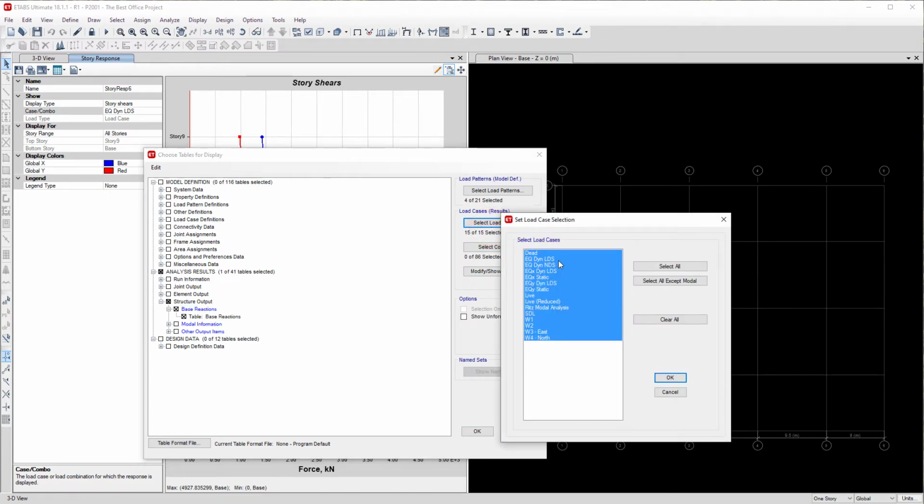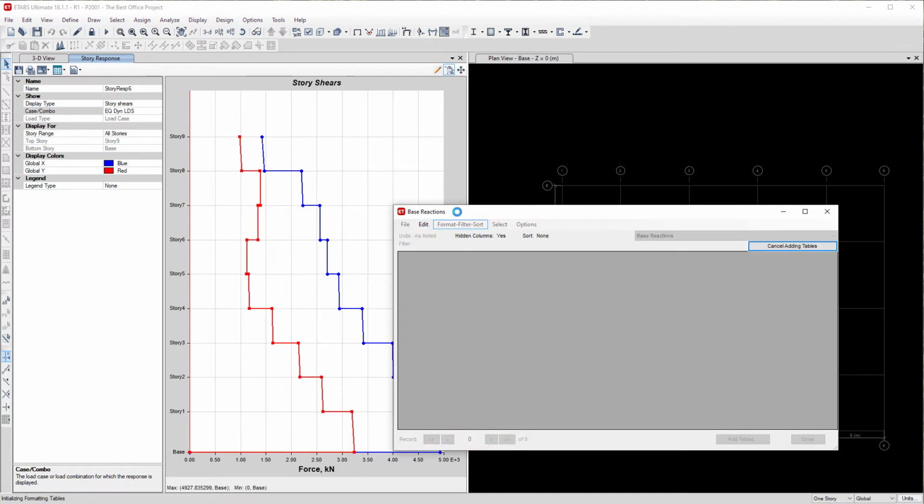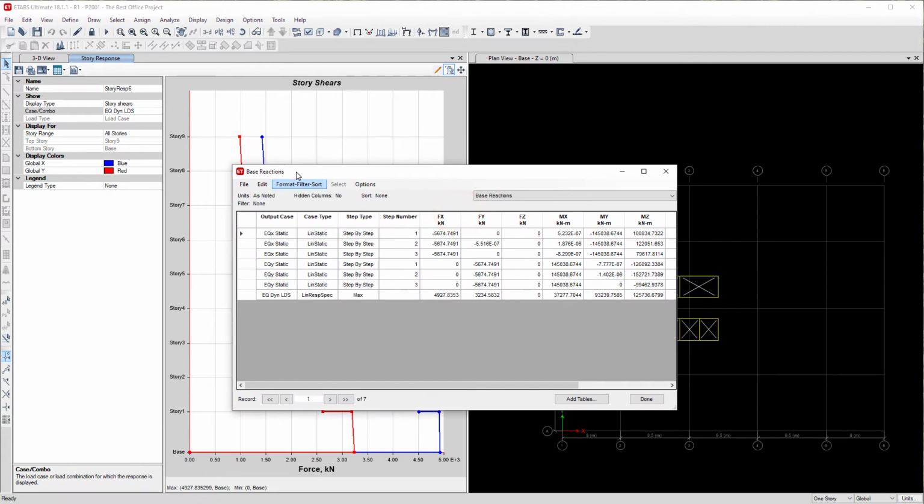We want to look at the dynamic limited ductile and compare it to the static load case in the X direction and the static load case in the Y direction. Okay, so with the static, we're getting 5,600 base shear in both directions. With the dynamic, we're getting 5,000 in the X direction and 3,200 in the Y direction.